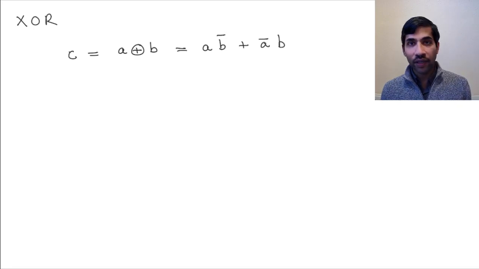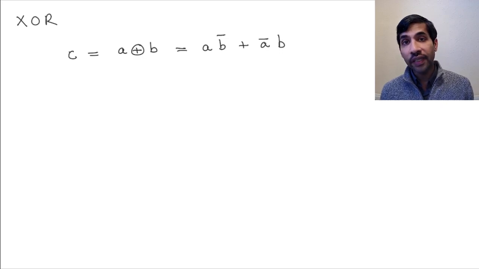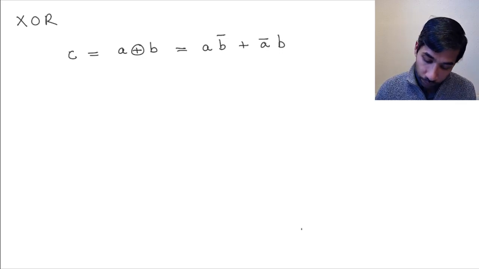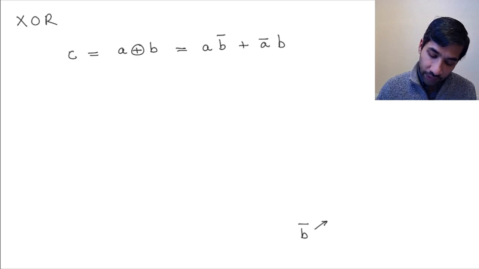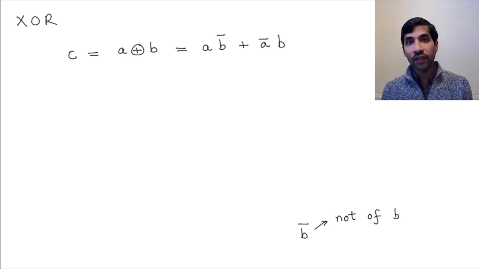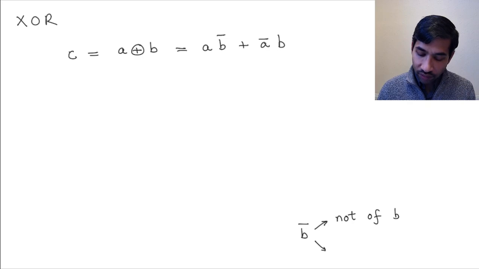Now, a little bit about nomenclature. This can be pronounced as not of B. Not is the not operation of B, or sometimes, to simplify things, you can call it B bar.